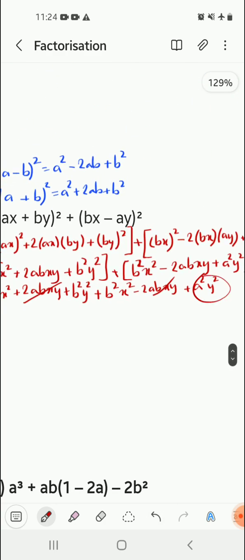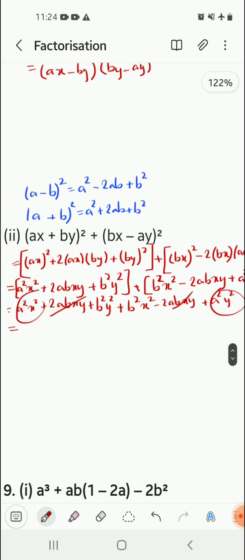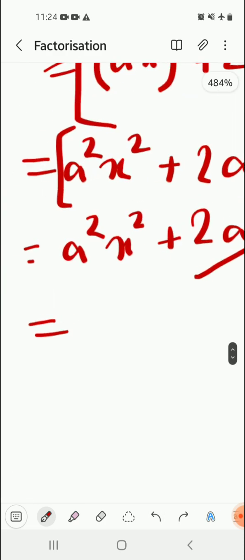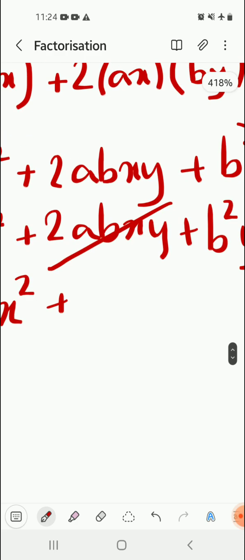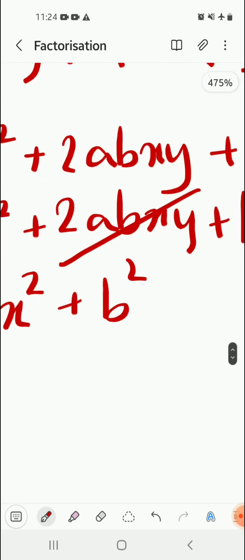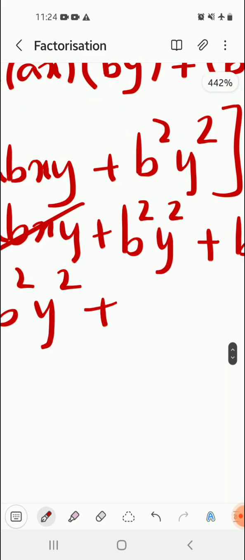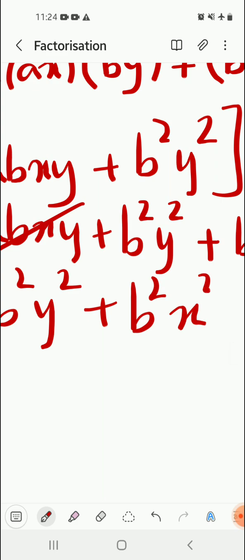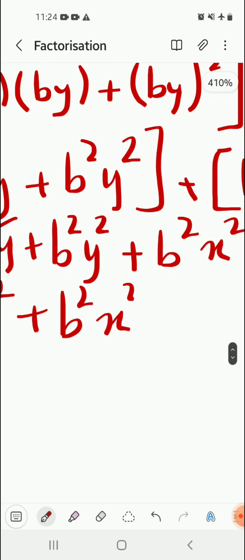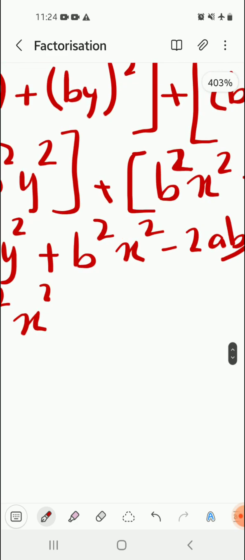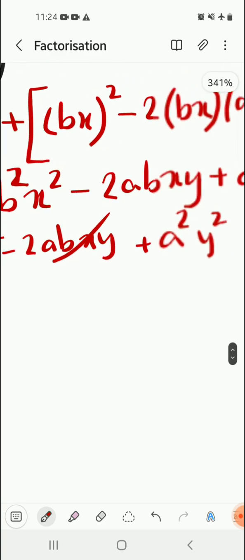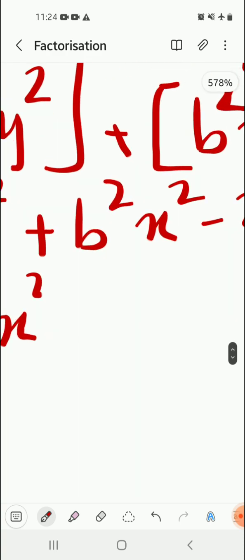Let's write the terms we are left with. That is a square x square, then b square y square, then b square x square, then a square y square.